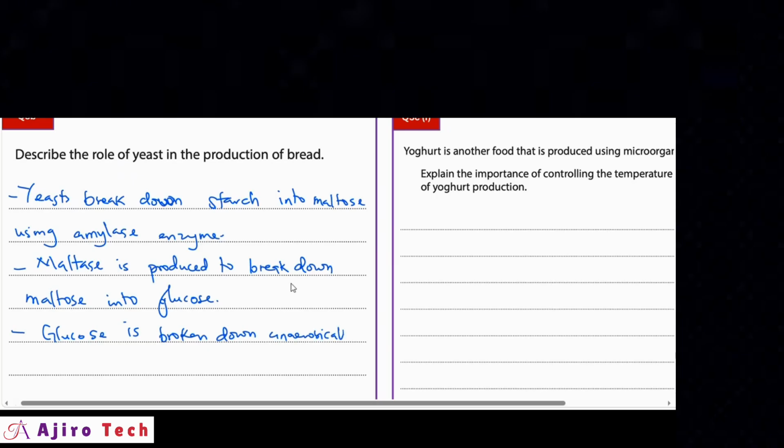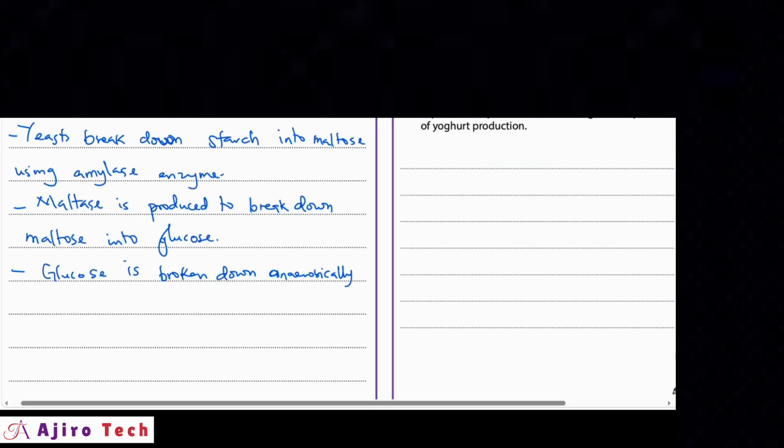Glucose is broken down anaerobically to produce carbon dioxide. Carbon dioxide is trapped within the dough.